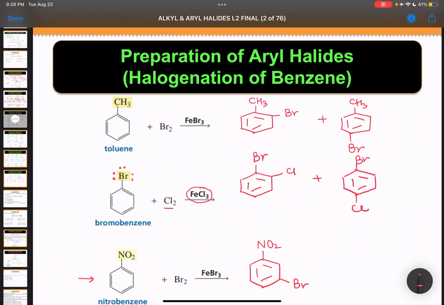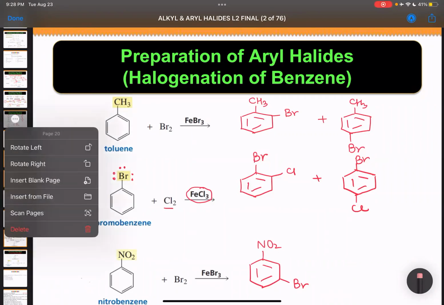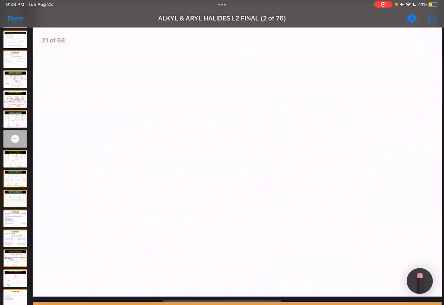Or when the reactant which you have taken is itself so reactive that it doesn't require any Lewis acid. Yes, sir. That happens for phenol, right?